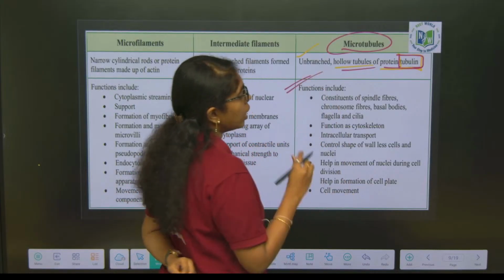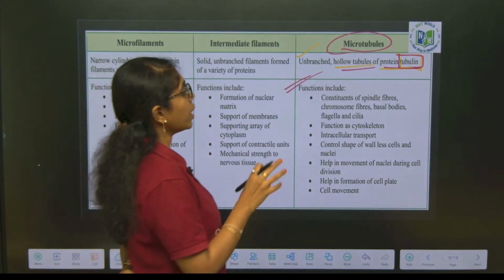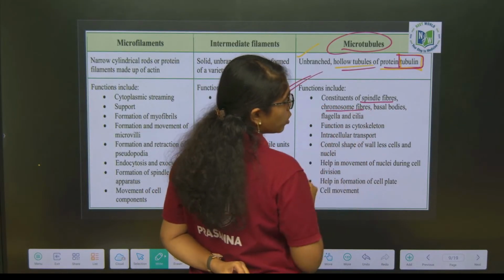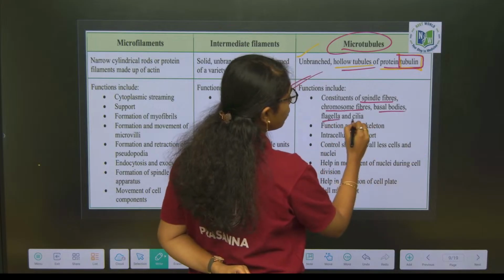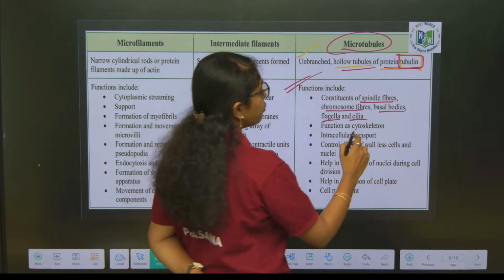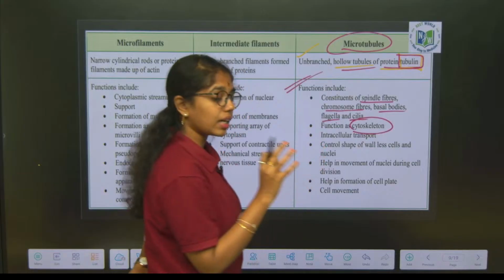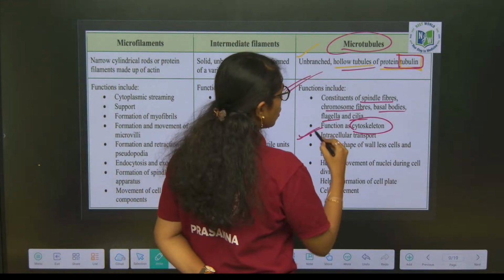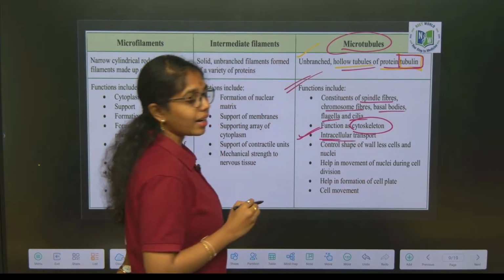Functions include, they include constituents of spindle fibers, chromosome fibers, basal body, flagella and cilia. They function as cytoskeleton, that is, it is giving proper shape to the cell and it is focusing on intracellular transport.